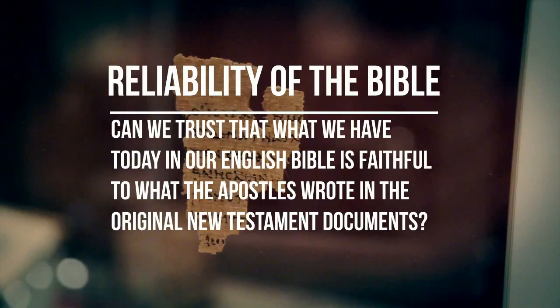So what this is saying is that since copies went all over the world and Christians were being persecuted for their faith, they were not seen as important during the first 200 years. Rome didn't really care about Christians. They just saw them like a cult. So there was no reason for any emperor to get all these manuscripts and change them for whatever reason, whether it was political reasons or religious reasons.